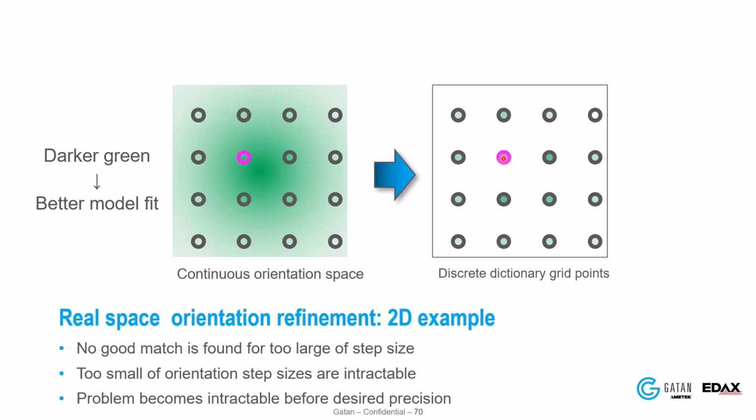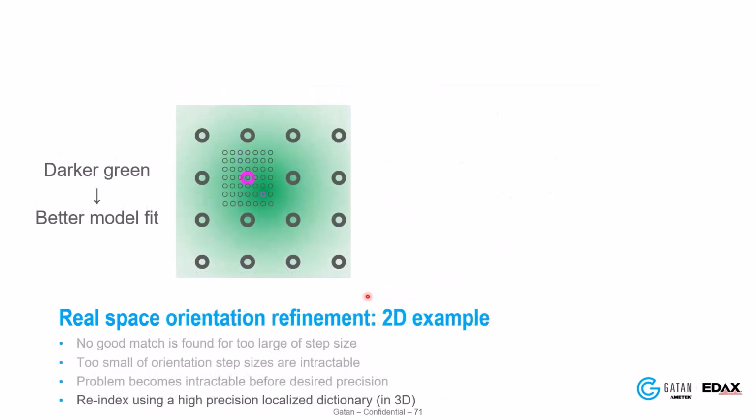When we look at it with the dictionary, we would choose this point because it's the closest point, but it's not right on. Partly, we can't do too small of a dictionary, or our dictionary just becomes unwieldy. So what we can do is this high precision localized dictionary.